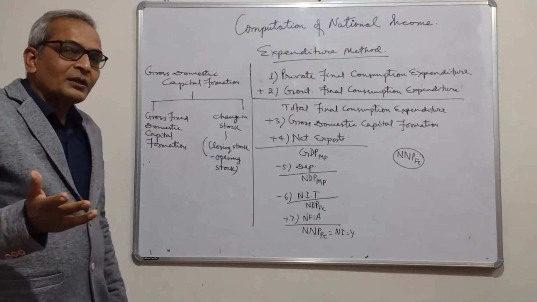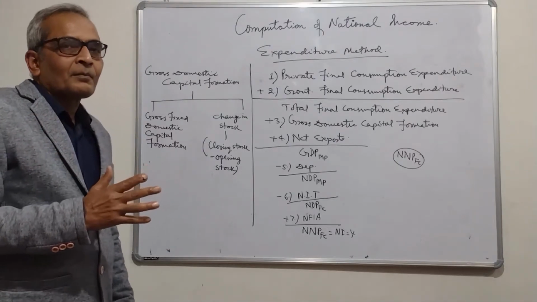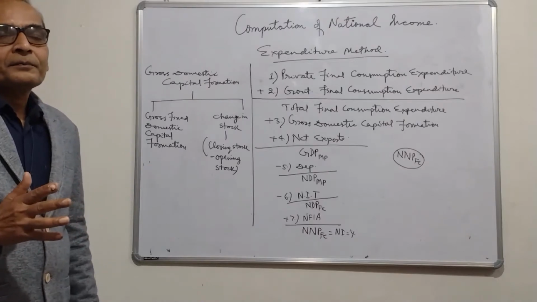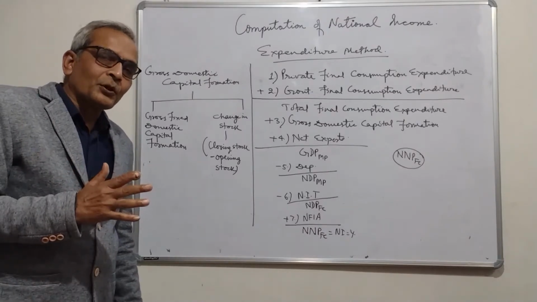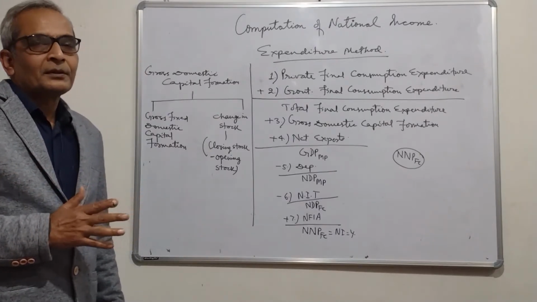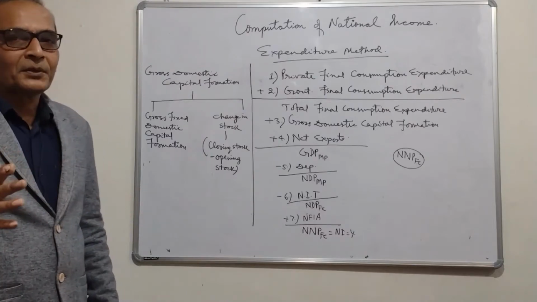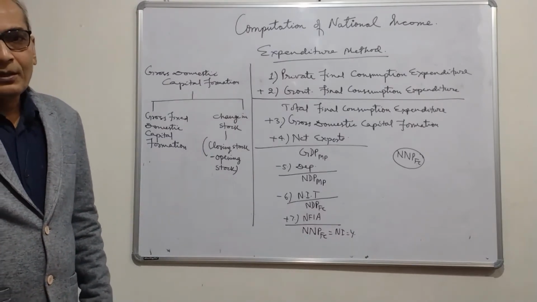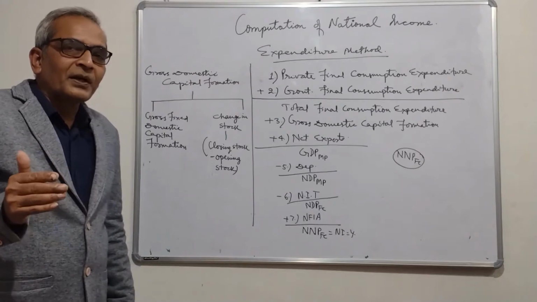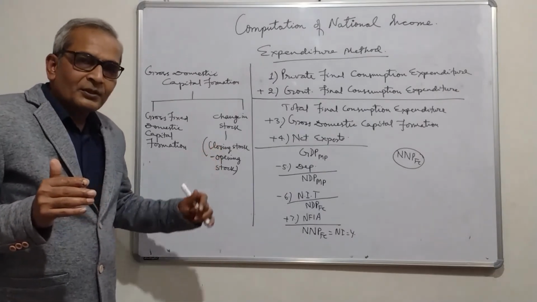Let us recall intermediate goods. Whatever items are used in the production process during the course of a financial year, all those goods are categorized as intermediate goods. Now, at the end of the financial year, we have closing stock.